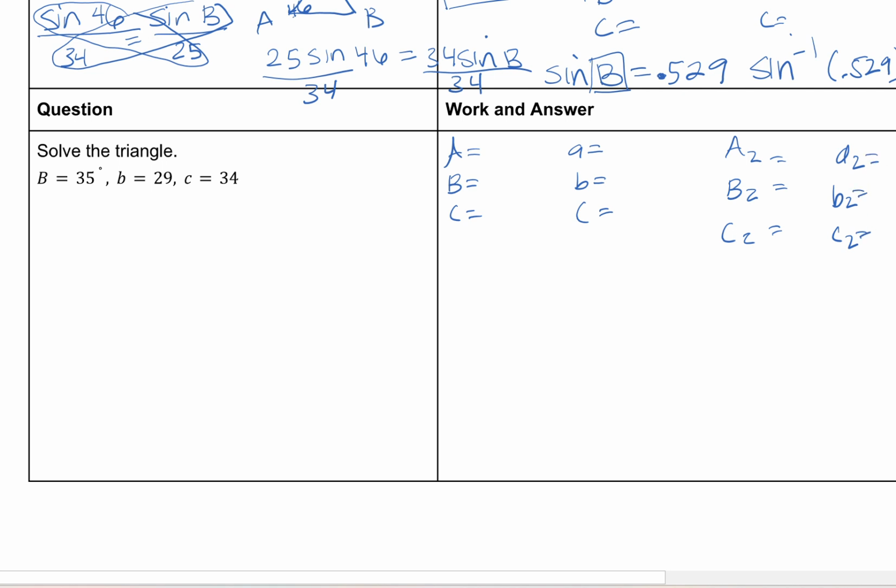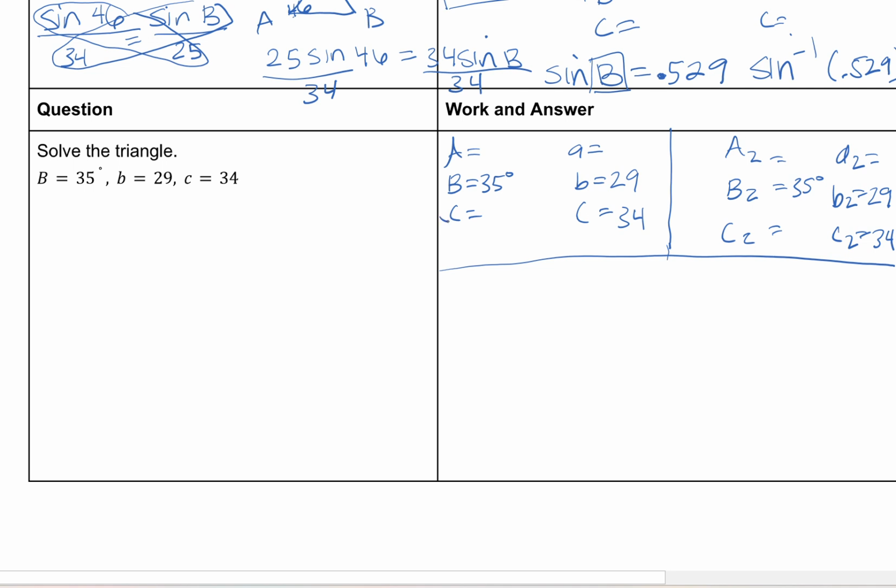Very likely that it could have one, okay? So the angle B is 35 degrees. That's going to be the same on both of these possible triangles. These are our possible 2 triangles. And side b is 29, and it's still 29 here, 34 and 34.